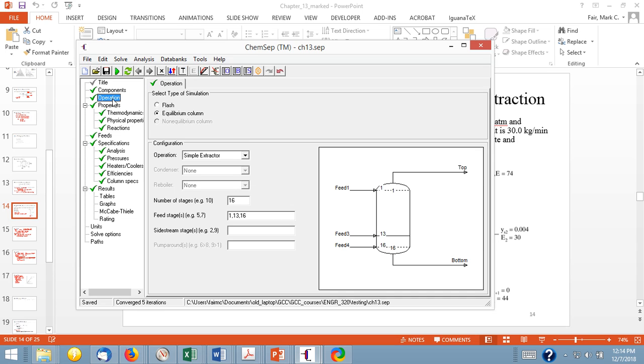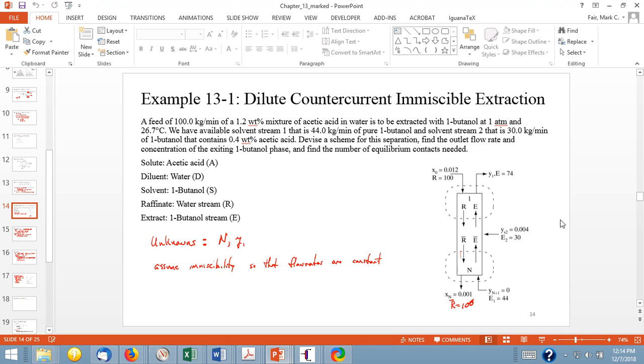Although it's not the simplest problem that we can do, because in our original problem, let me just flip back over to it for a moment, we had essentially two streams that we were bringing into it. Well, let me back up.